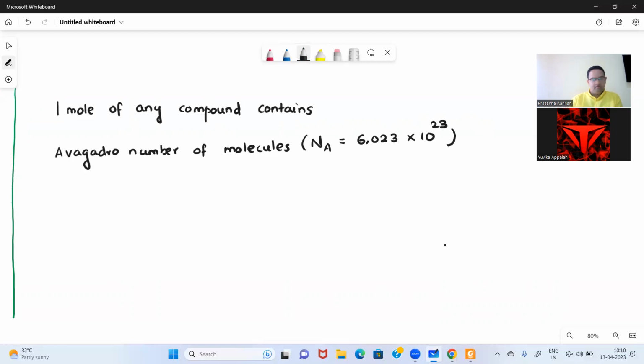So this will be the Avogadro number. How we get the Avogadro number is very simple. We can use the PV equal to nRT gas equation and obtain it.